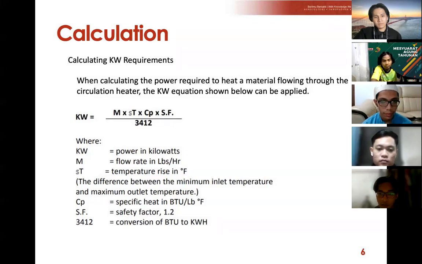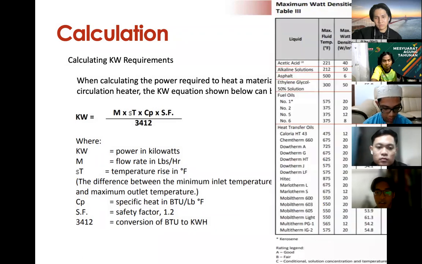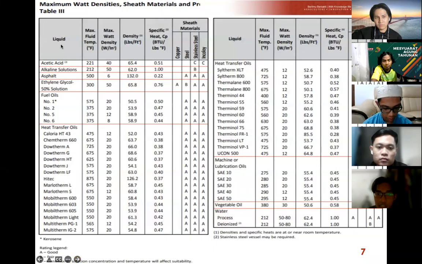Cp we will get from the table that I will show later, and SF is the safety factor that we will use, which is 1.2. 3412 is the BTU conversion. BTU is the British thermal unit that we will convert to kilowatt per hour. Next. This is the table that we use to get the specific heat for the material that we use. Next.